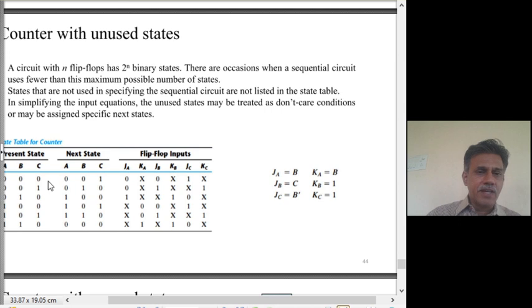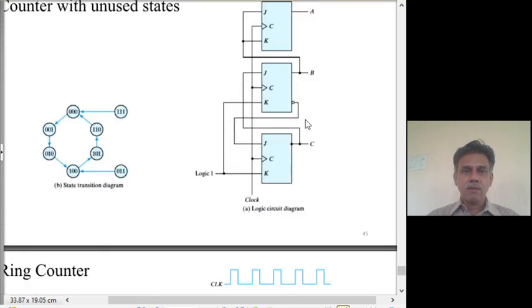So here we may have states like 0, 0, 0, 0, 0, 1 and so on. There are some states which are not there, and for some of the states the J's and K's are don't cares, by virtue of the JK's functionality. So if we have this kind of unused states or some values of JK's which are unused, we arrive at the equations and come up with a design like this.